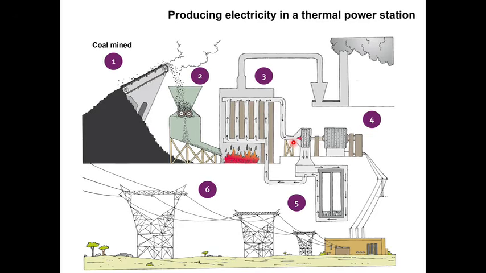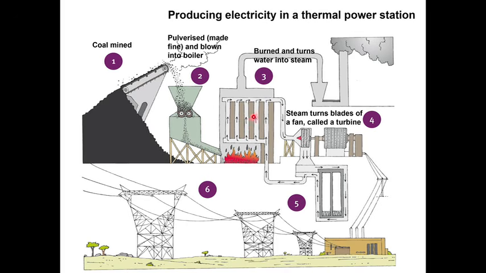Firstly, the coal is mined. Secondly, it's pulverized, made fine and powdery, and then it's blown into a boiler. There you see the boiler. Third, it is burned, and it turns the water into steam. The steam turns the blades of a fan, which is called a turbine.